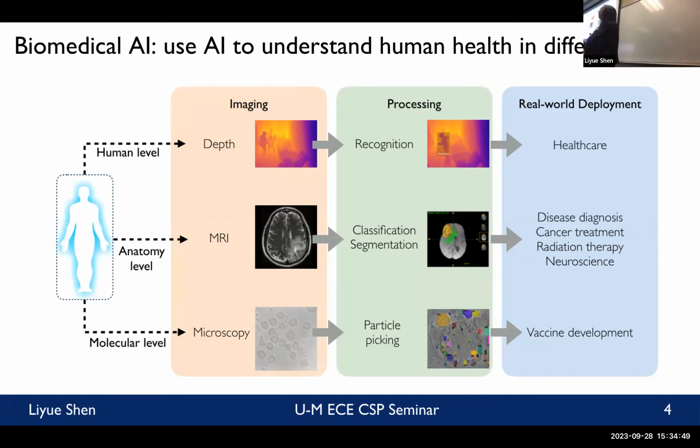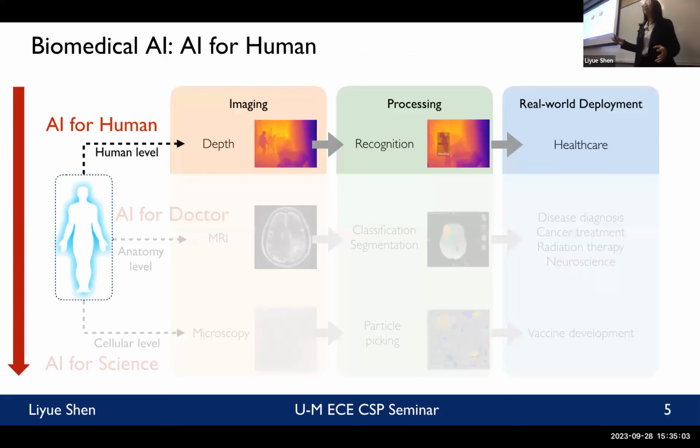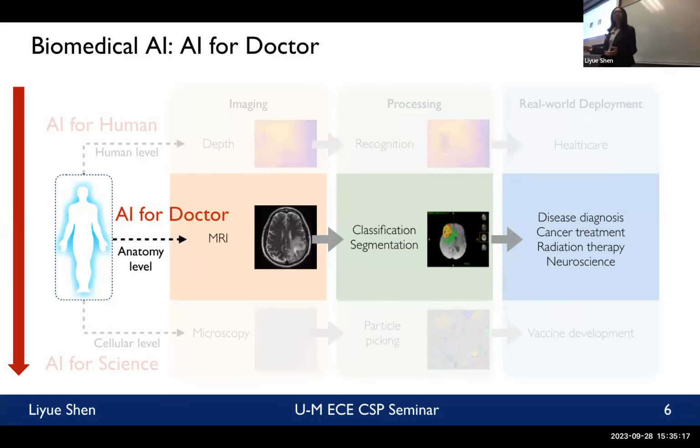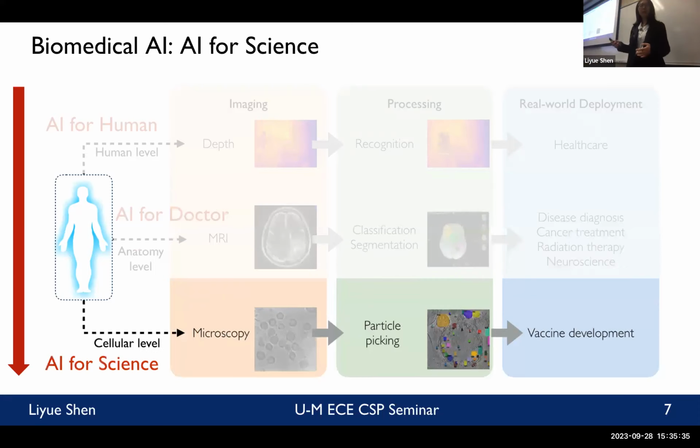In general, my research in the past few years during my PhD and postdoc, and what I want to pursue in the future, can be understood as: how can we use AI to understand human health at different levels? At the human level, for example, we can use depth sensors in the hospital for more careful patient healthcare, to help hospital staff like doctors and nurses. At the anatomy level, we can use AI to illustrate the internal structures of the human body, and to do analysis to extract useful information from the images for clinical deployment, including diagnosis and treatment. Furthermore, at the cellular level, we can use AI for scientific discovery, for example in microscopy or cryo-EM or cryo-ET images, where people use this imaging tool to visualize the internal structures of, for example, the coronavirus, and for vaccine development.